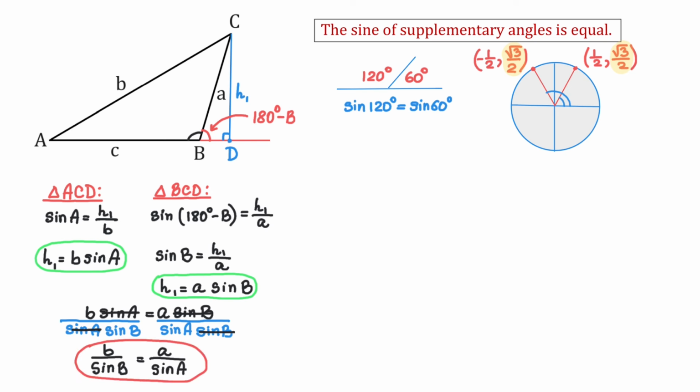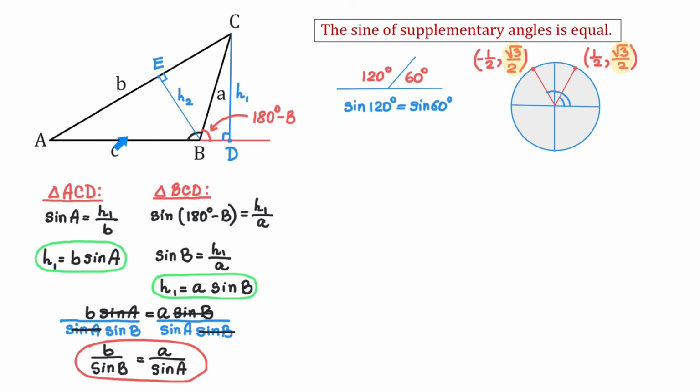Next, we will draw another perpendicular from vertex B to the opposite side. Then this point will be point E and the height h sub 2. And now we have two more right triangles, ABE and CBE.